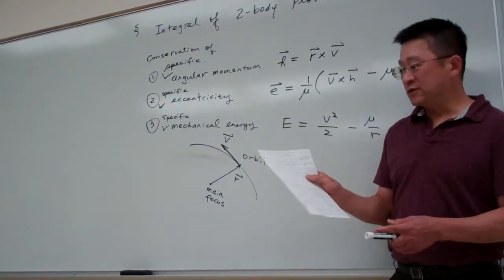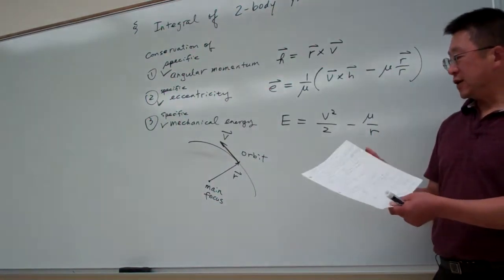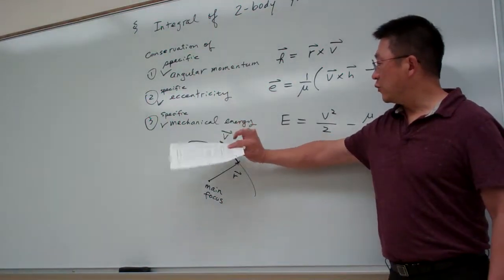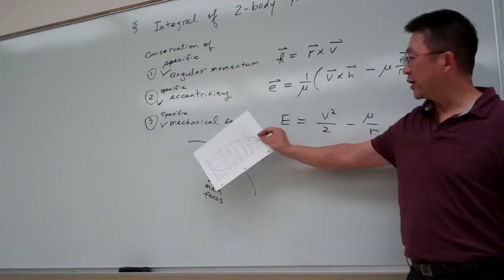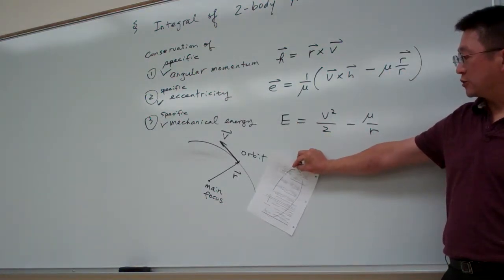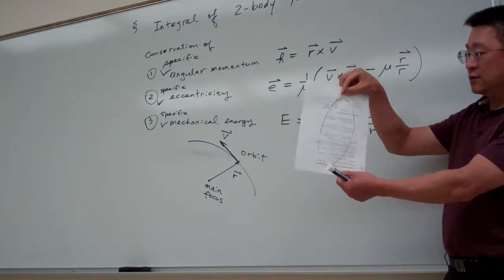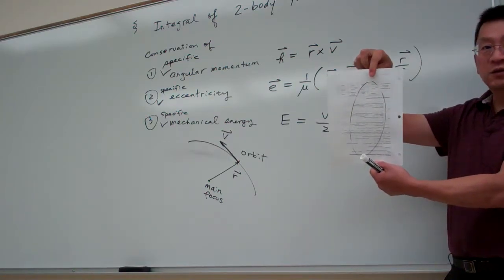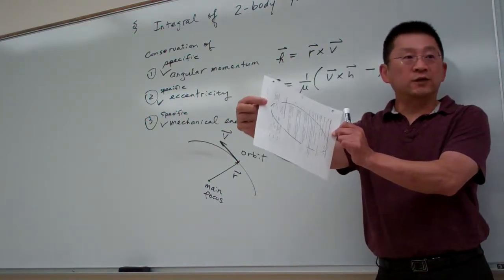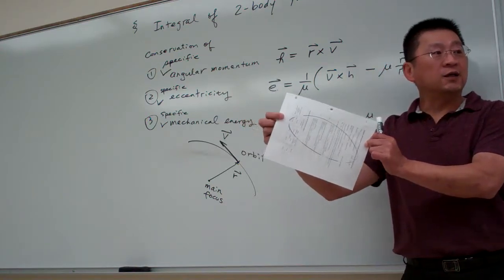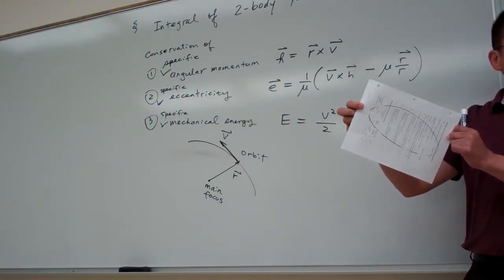But in general, the orbital plane can be in this orientation, or inclined in these orientations, or inclined in that orientation. So in 3D, how can you determine this orientation?